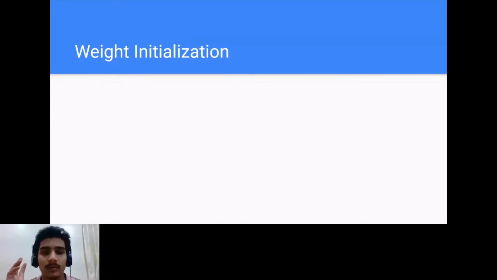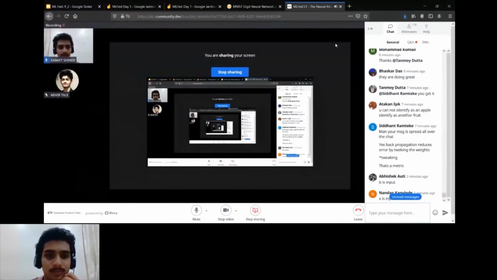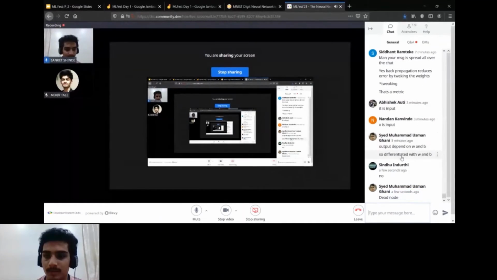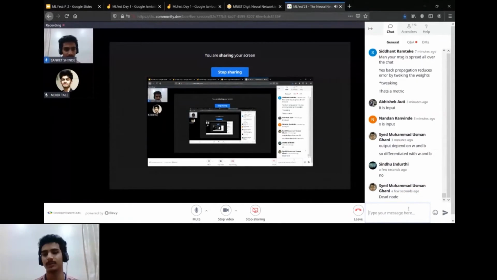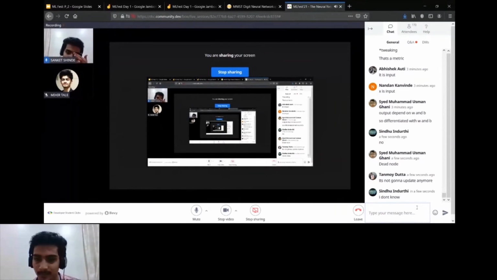Now the very important point: why did we initialize the weights randomly? Why did we not initialize the weights to 0? Any guesses? Because you were asking a lot of questions like why are we having constant weights and biases, and why we were randomly initializing.